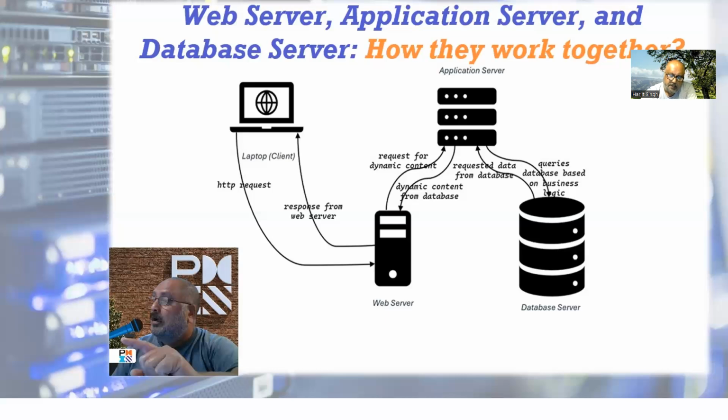The database keeps the data. It could be user data in a structured format. It knows the format of the data, the field length, what type of data it is, and how that needs to be stored.